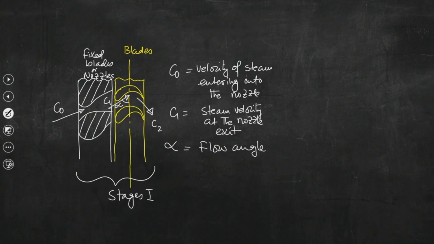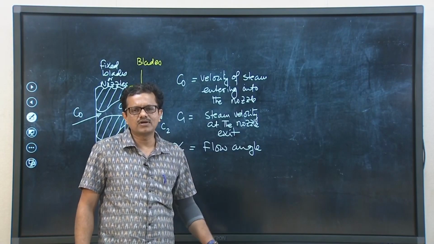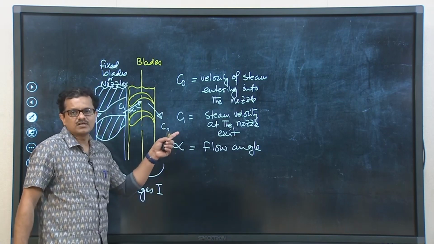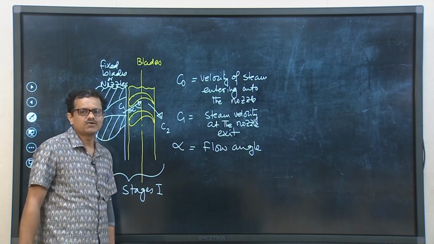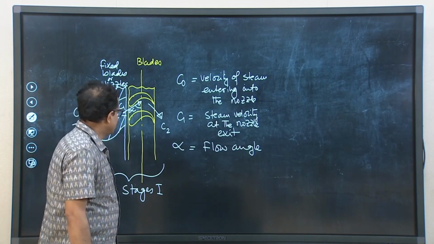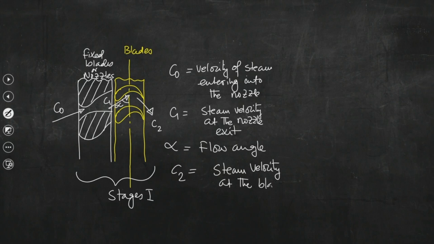These are vector quantities, but I am not going to write the vector symbol over them, for the sake of convenience in the representation. Now, C2 is the steam velocity at the blade exit. Okay.